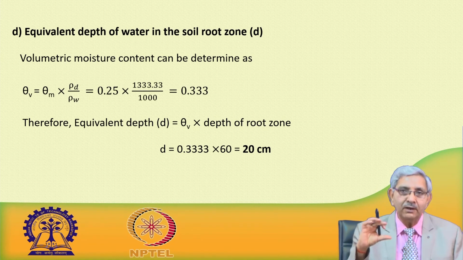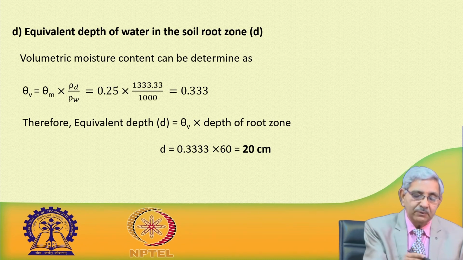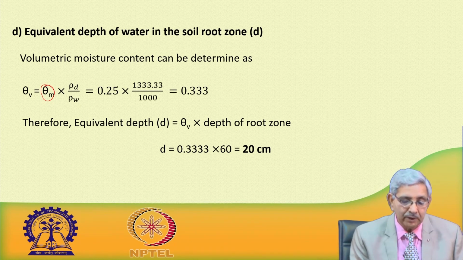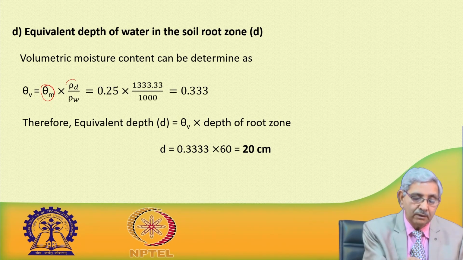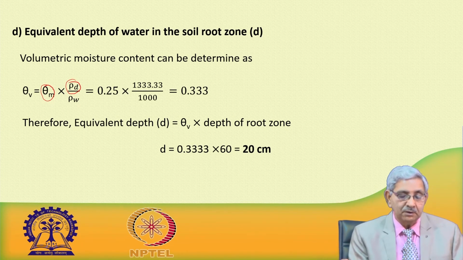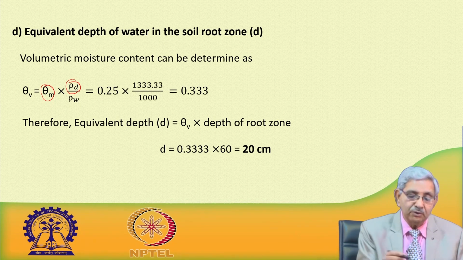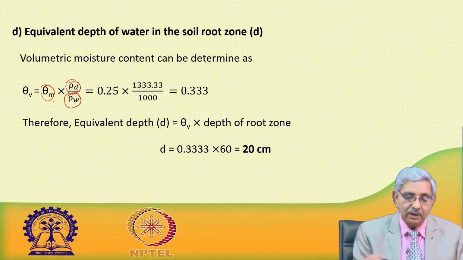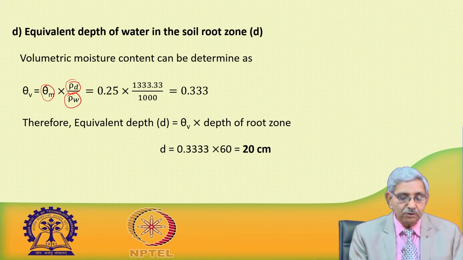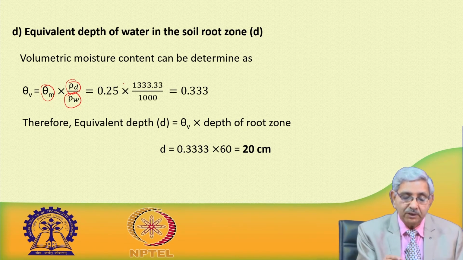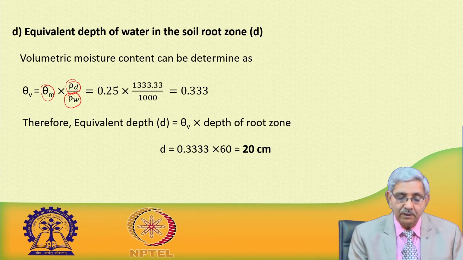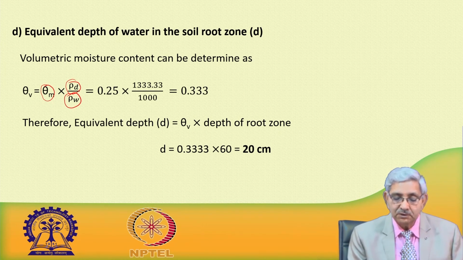So, first, we have the theta m we have calculated, that is 0.25, and then the dry density of the soil, rho d, and we know the density of water, that is 1000 kg per cubic meter. So, when we multiply, the volumetric water content is 0.333.